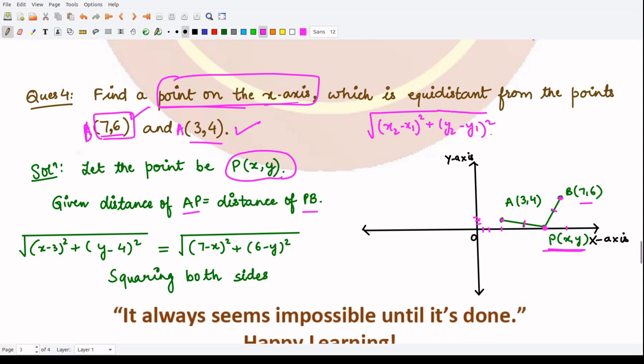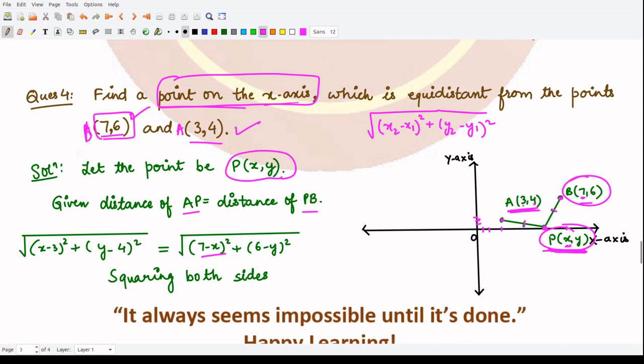Here our second point is P and first point is A. So the formula is the square root of x minus 3 whole square plus y minus 4 whole square. Similarly, for the other 2 points P of x, y and B 7,6, we have x minus 7 whole square plus the corresponding term.